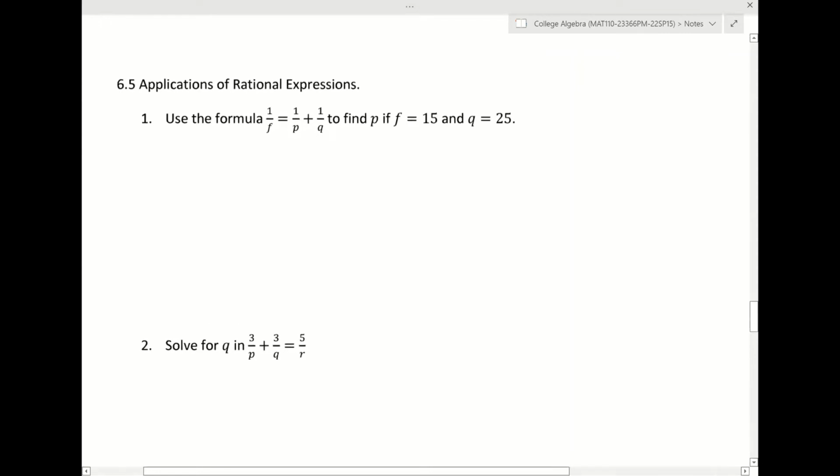So for this first one, it says use the formula 1 over f is equal to 1 over p plus 1 over q to find p if f is 15 and q is 25. So similarly to what we did in the previous section, we're just going to plug in 15 for f, we'll plug in 25 for q, and then we'll multiply by the least common denominator, which is how we learn to solve rational equations.